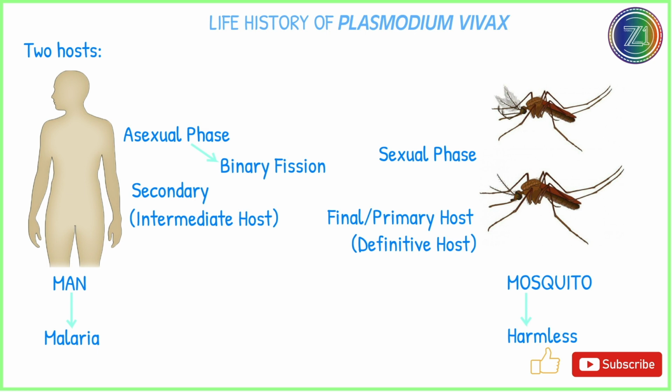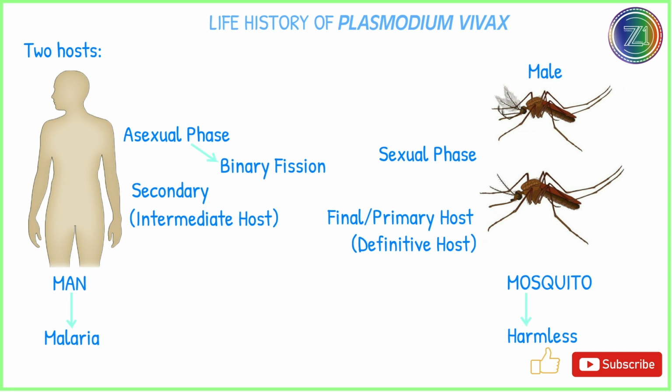Before I begin with the life history, let me differentiate between the male and female anopheles. As you all know, it is only the female anopheles which carries this parasite. So how do we differentiate between the male and the female?